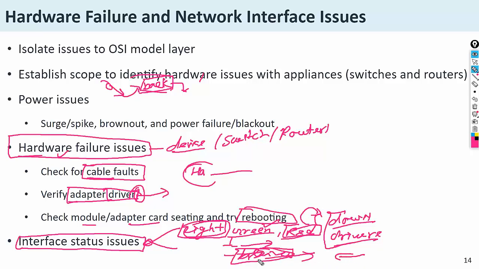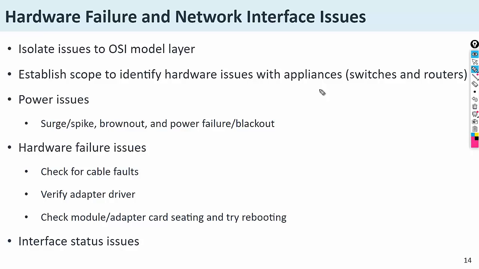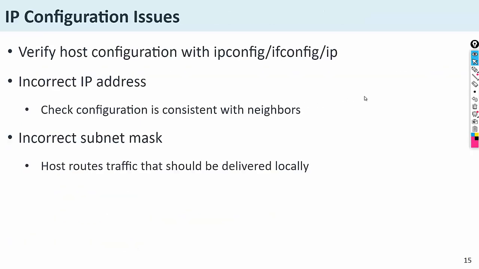Means if the green light is blinking on your adapter, there is a problem on the other side. So these are the issues of hardware failure, where you can identify whether this is a hardware problem or a logical problem.